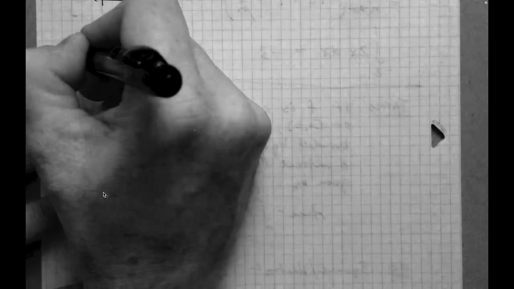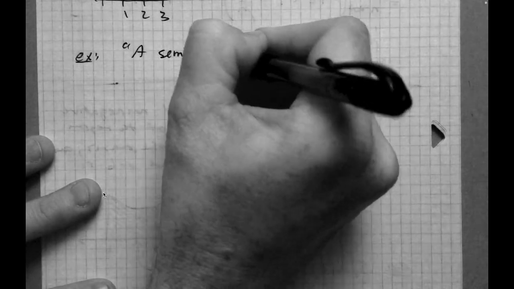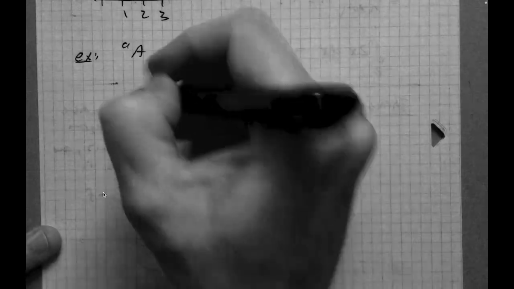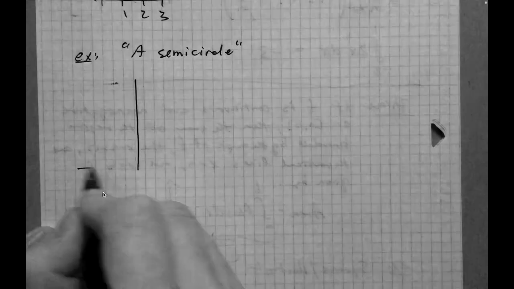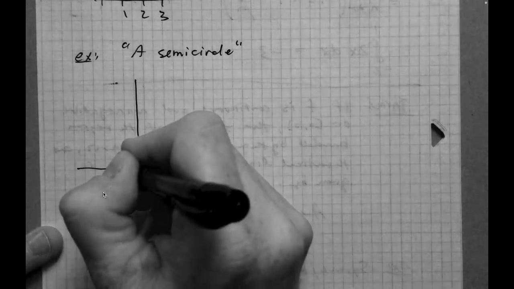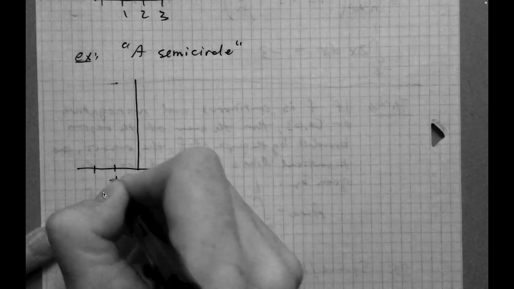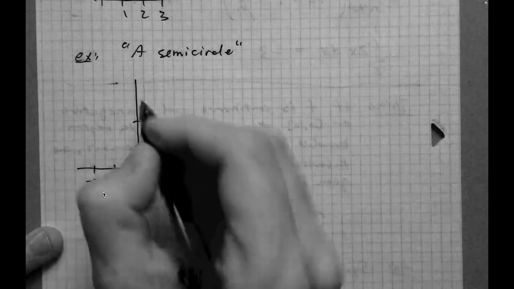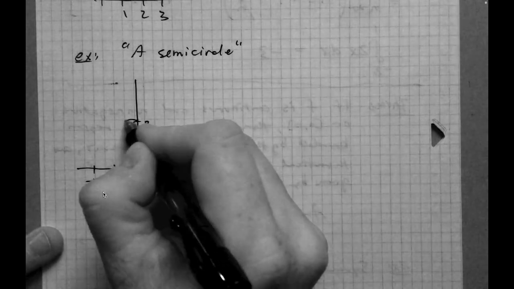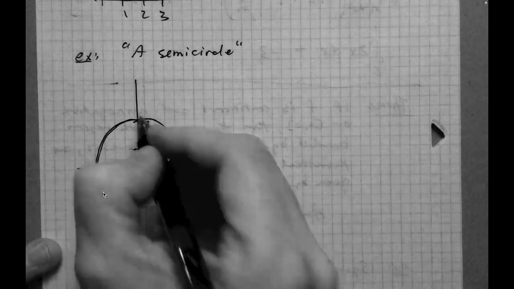Okay. What about another example? What about a semicircle? So let's say we've got our xy axis. You've got -1, -2, 1, 2, and so let's say you've got a semicircle. This will be a bad drawing, but you can imagine this is perfectly semicircular.